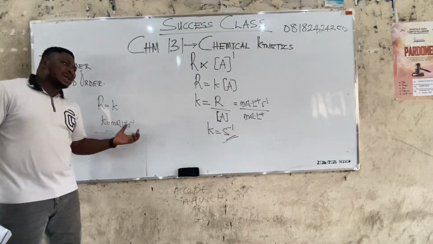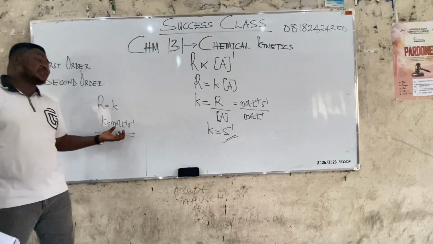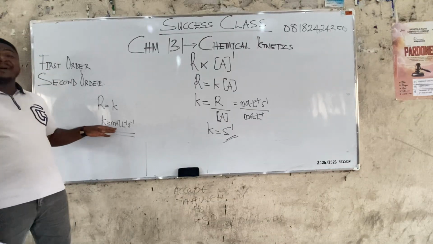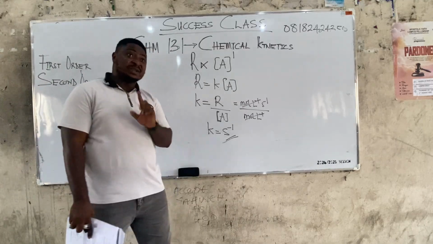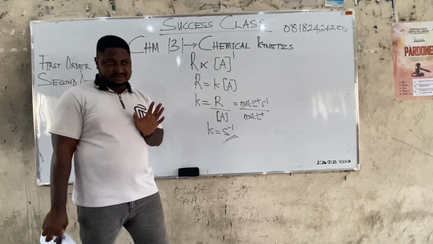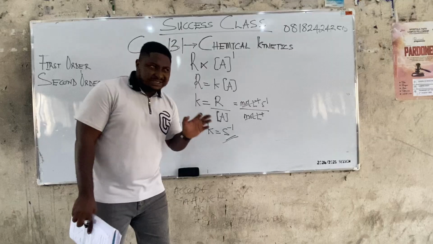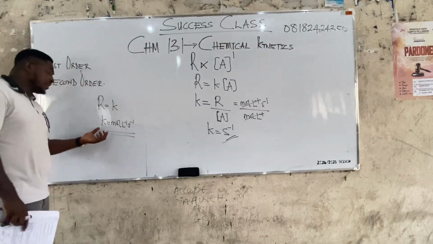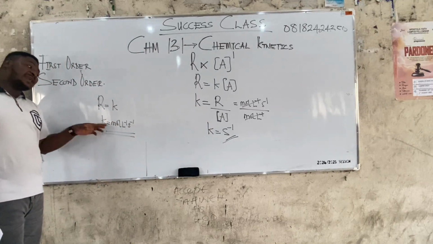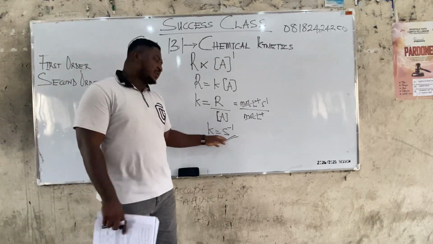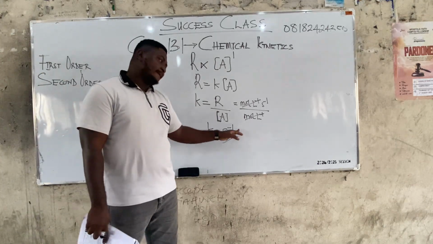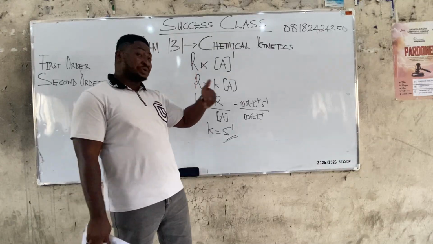You will be asked in the exam, what is the correct unit for the rate constant for a zero order reaction? Mole per liter per second. But what is the correct unit for the rate constant for a first order reaction? Per second. So listen to the question carefully. When we get to the second order reaction, it will change again.